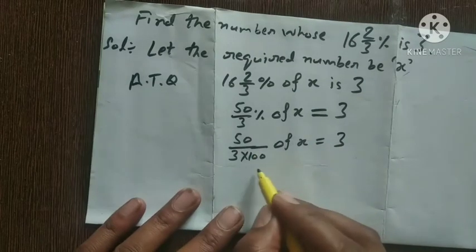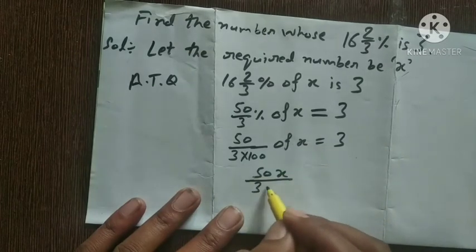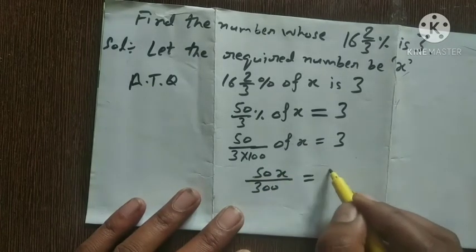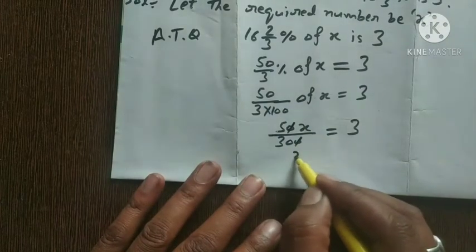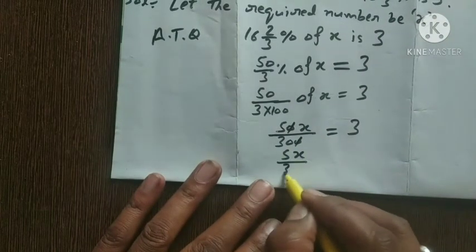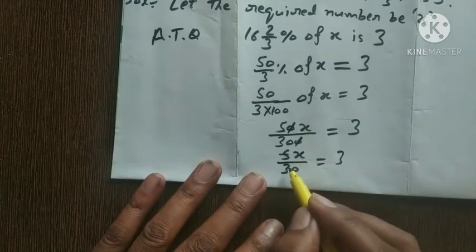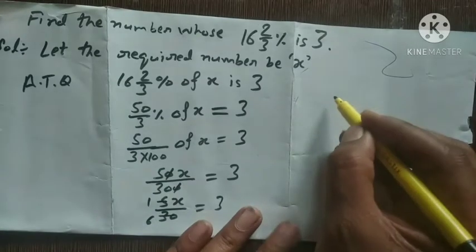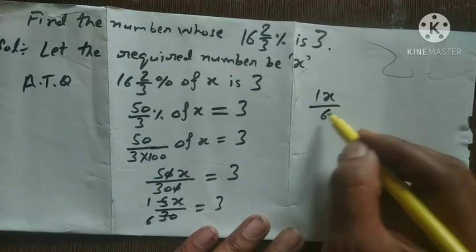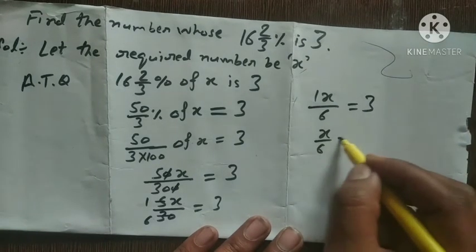Now this is 50x over 300 is equal to 3. Now cancel 0 with 0 and we are left with 5x over 30 equal to 3. Now you will see this 5 will cancel 30 to give 6. So 1x over 6 is equal to 3. Now this is x over 6 is equal to 3.